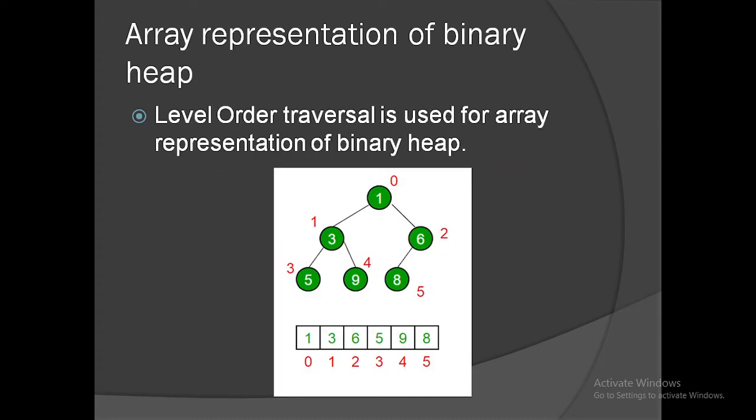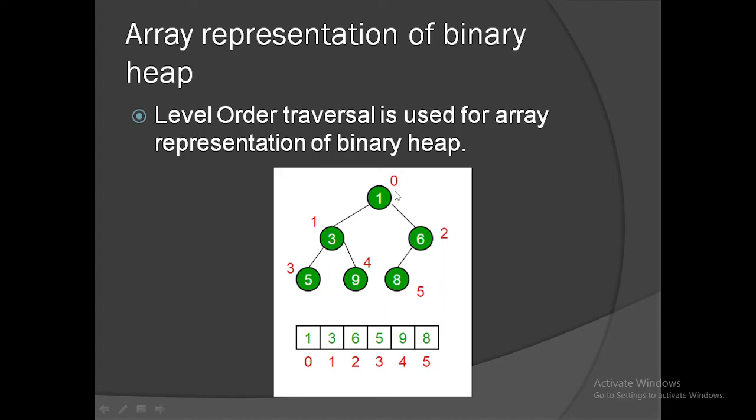Now the next part is level order traversal. It is explained here, what I have just told you. Let's say this is an example: 1 3 6 5 9 8. For representing this, this is the array index we can give.